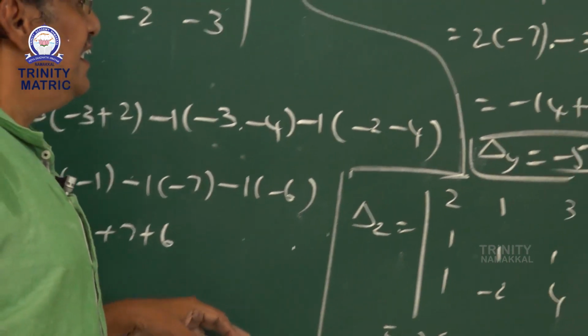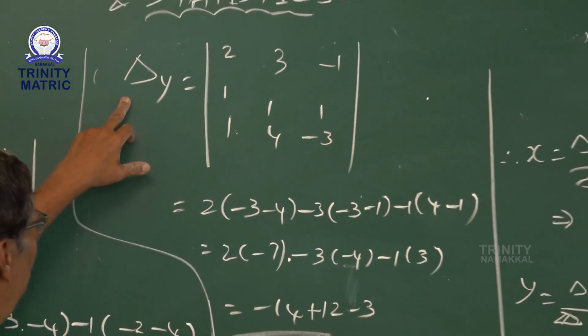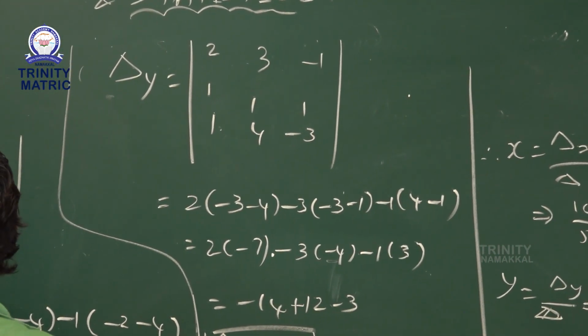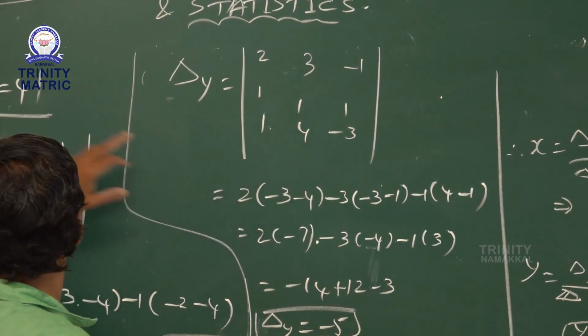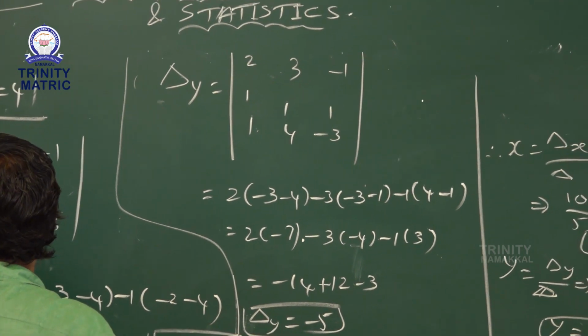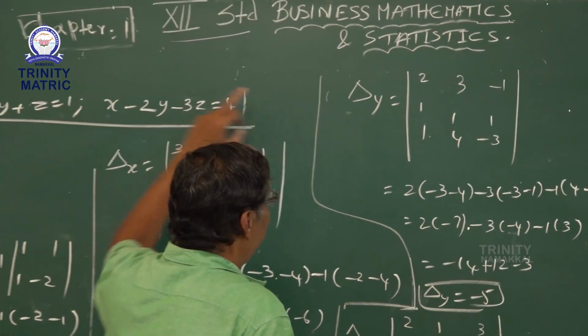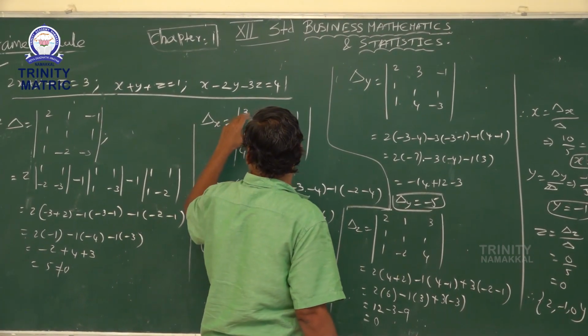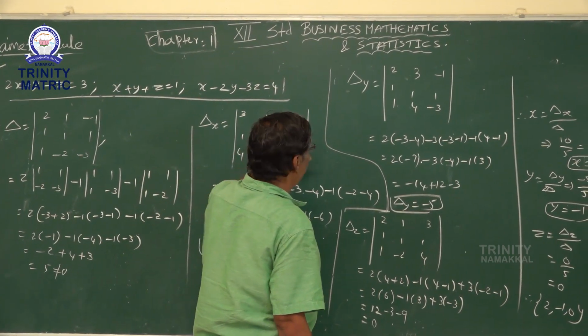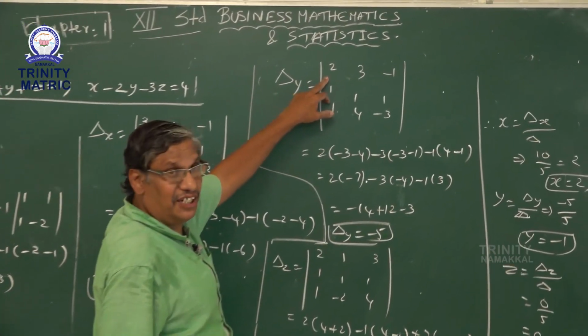Likewise, we have to find del y. What do we have to do? You have to write the coefficient of x, that is 2, 1, 1. You have to leave the coefficient of y; for that you have to put the matrix element 3, 1, 4 in the second column. Then the third one is the coefficient of z, that is minus 1, 1, minus 3. You have to find the value of del y.